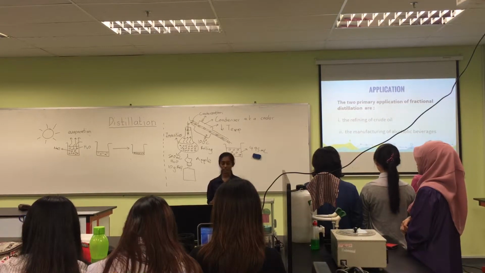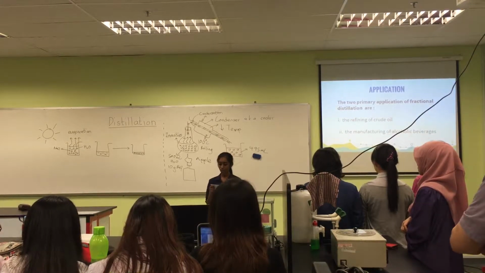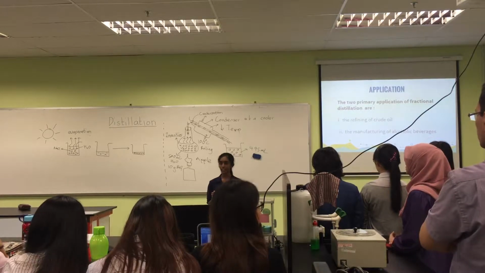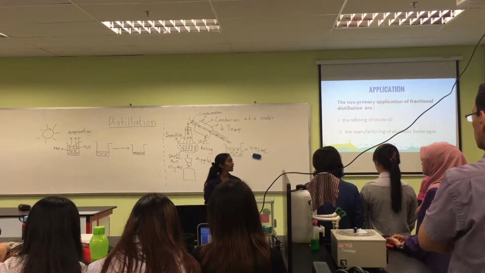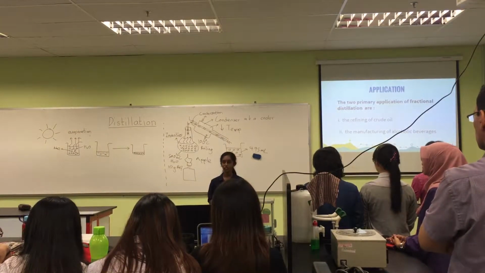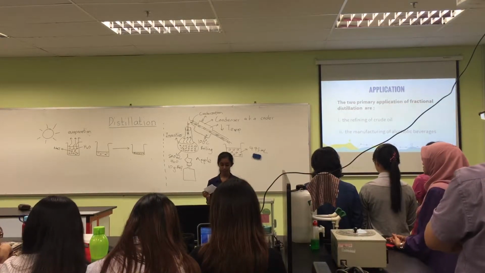Yeast is added to this solution, and fermentation occurs, producing ethanol. The ethanol is then distilled twice in a copper fractional distillation vessel called a still, producing a concentrated ethanol solution. This is what will become your whiskey later on.